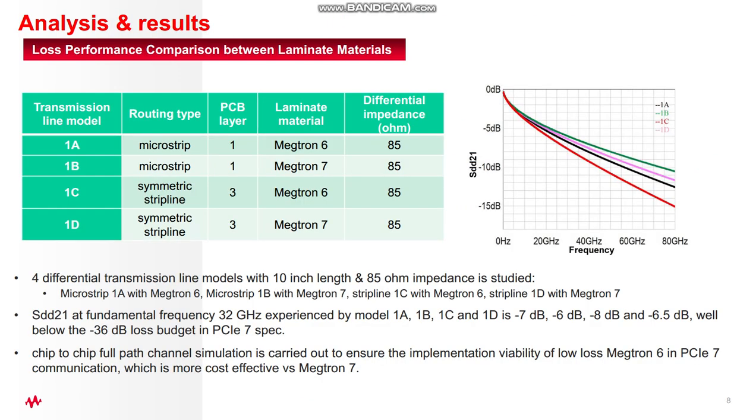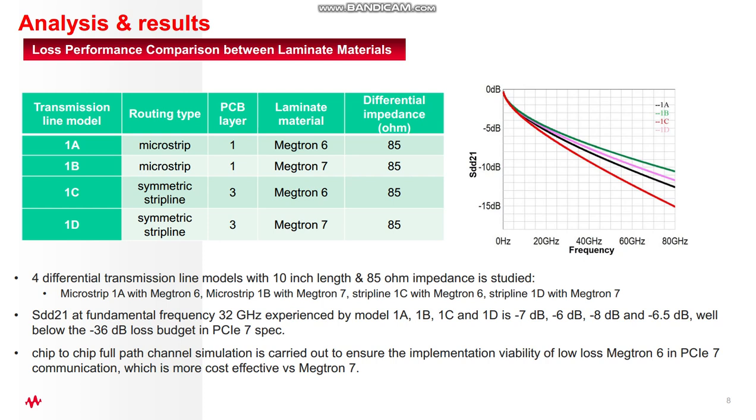Next, analysis and result. Loss performance comparison between laminate materials. 4 differential transmission line models with 10-inch length and 85 ohm impedance is studied. Microstrip 1A with Micron 6 and microstrip 1B with Micron 7 and stripline 1C with Micron 6 and stripline 1D with Micron 7.